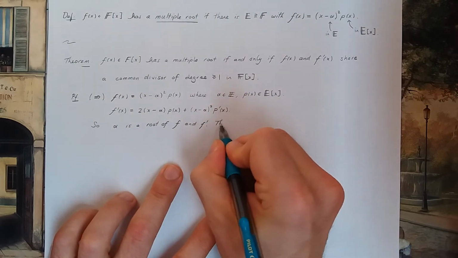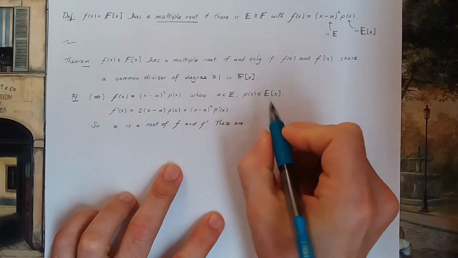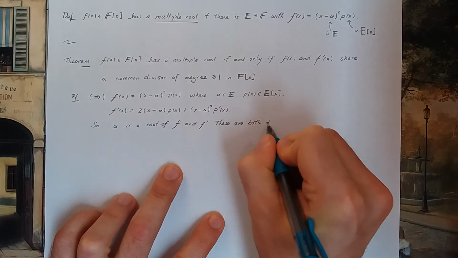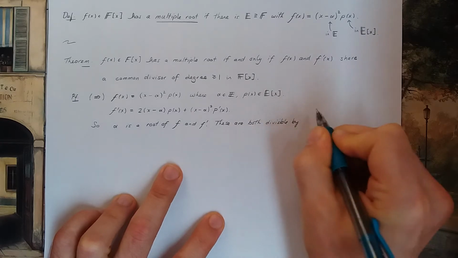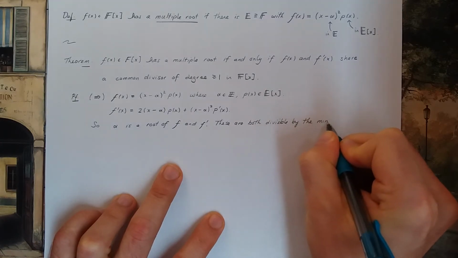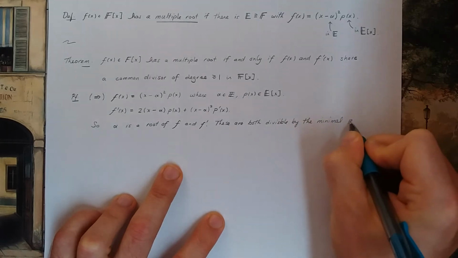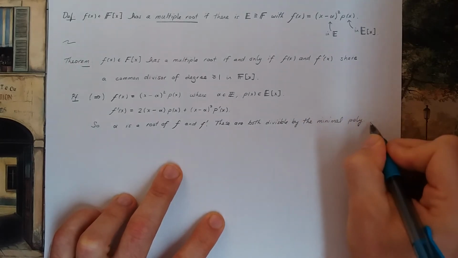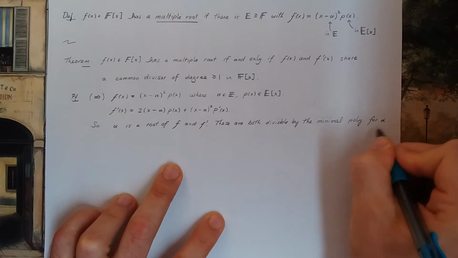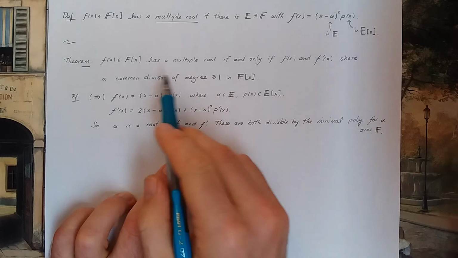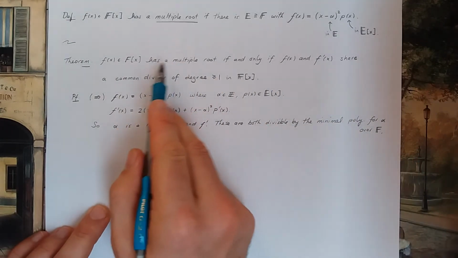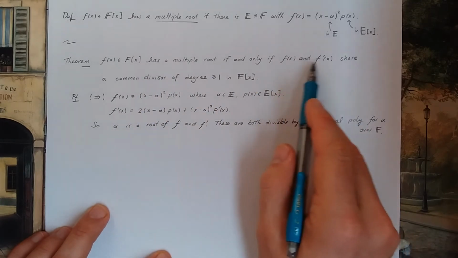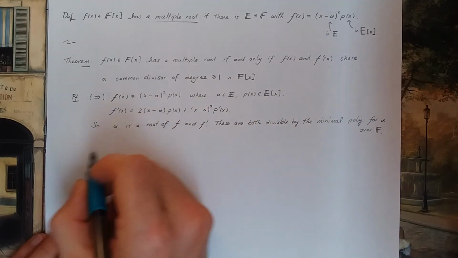So these are both divisible by the minimal polynomial for alpha over F. The minimal polynomial has to have degree at least 1. So there we go. That proves that f and f prime share a common divisor.